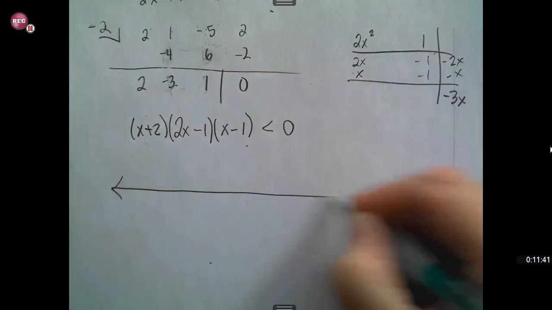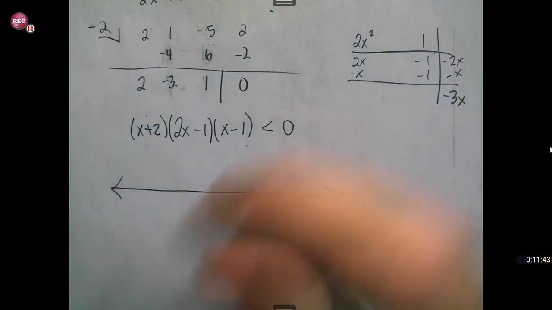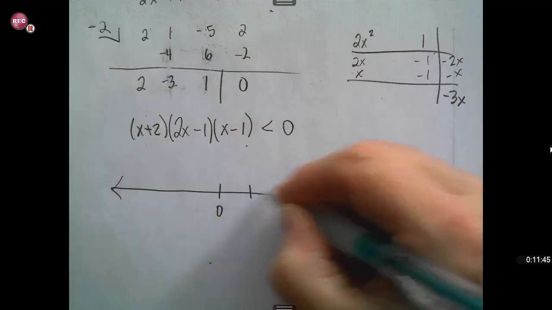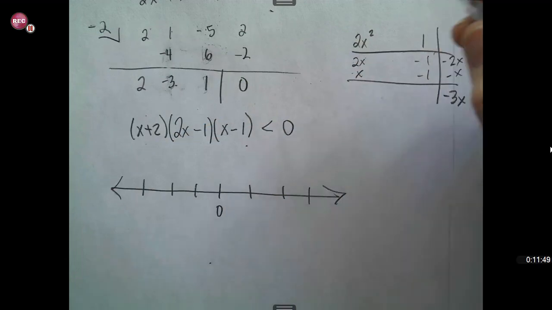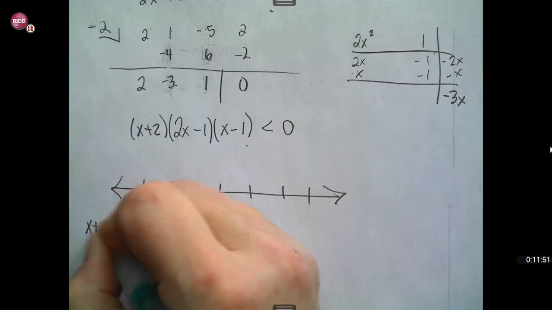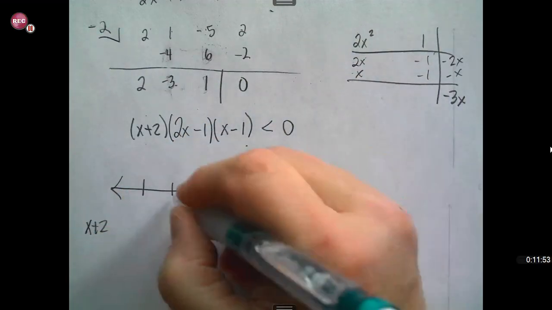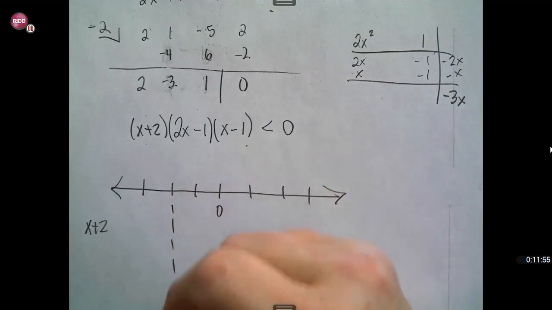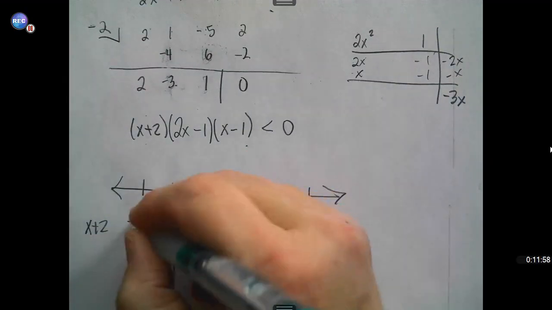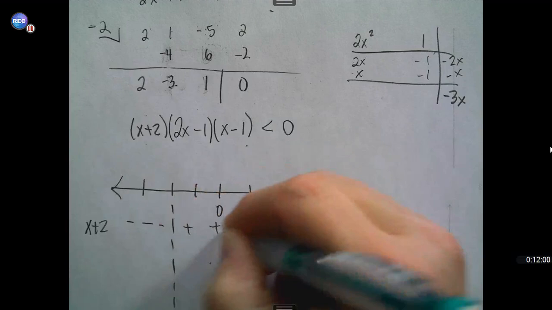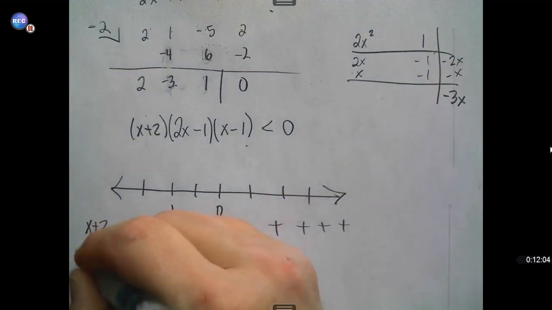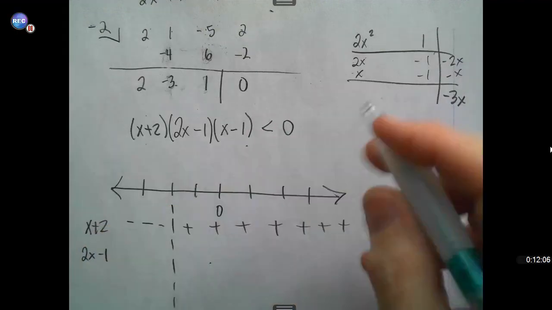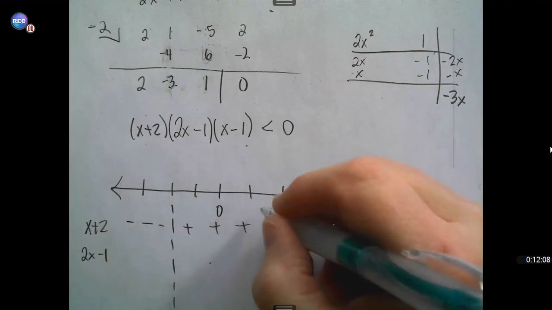And so I go to my number line. And I check x plus 2. So that's 0 at -2. It's going to be negative to the left and positive to the right. And 2x minus 1 is going to be 0 at 1/2.